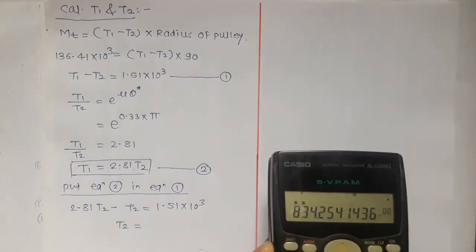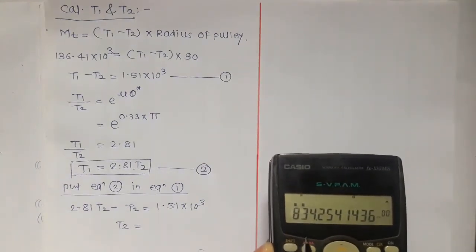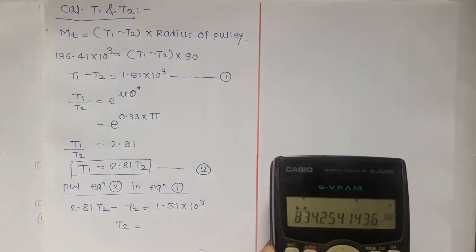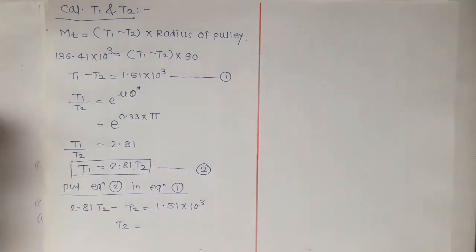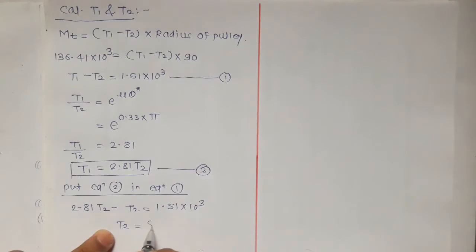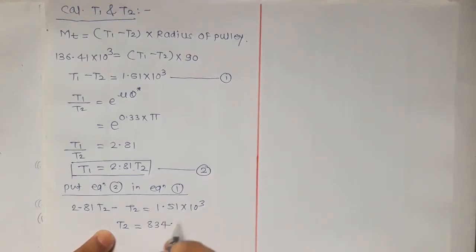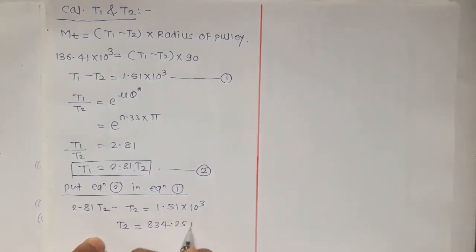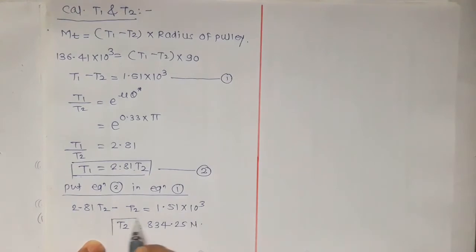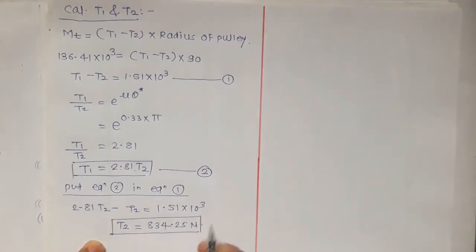If you calculate this, you will get the answer of T2 as 834.25. So we will write the answer of this T2 as 834.25 Newton. This value of T2 we have to put in equation number 2.